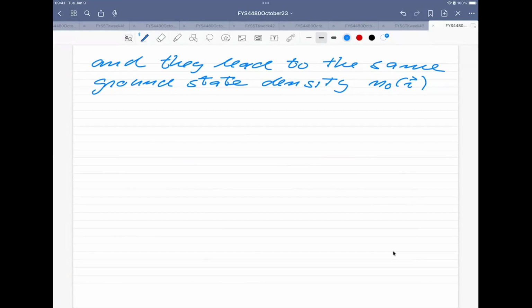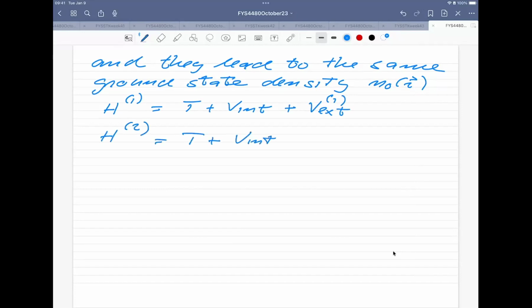So since we have two different potentials, we will have a Hamiltonian H1, which is going to be kinetic energy, which I now write in a more dense way, and then we have external 1. And then there is going to be another Hamiltonian, H2, which has the same kinetic energy, the same interaction between electrons, for instance, but now a different potential.